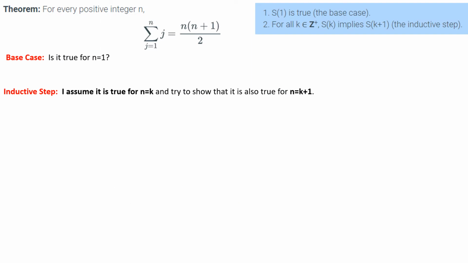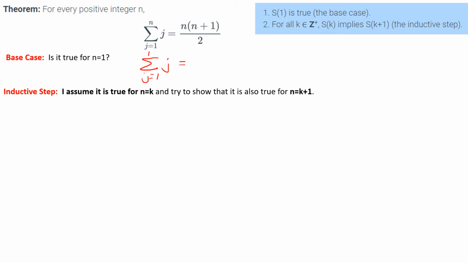Okay, so let's see if we can prove this theorem. This is the theorem that we just saw in the previous slide. Does this theorem hold true for when n is equal to 1? Okay, so that would be j equals 1 up to 1.